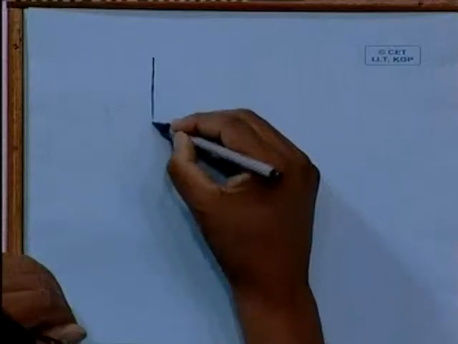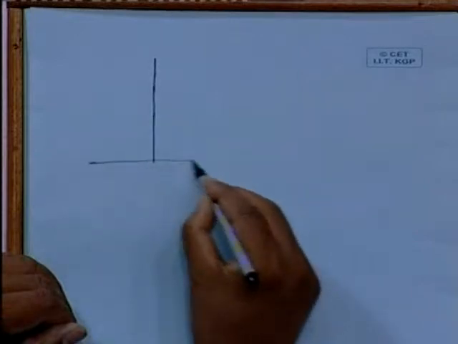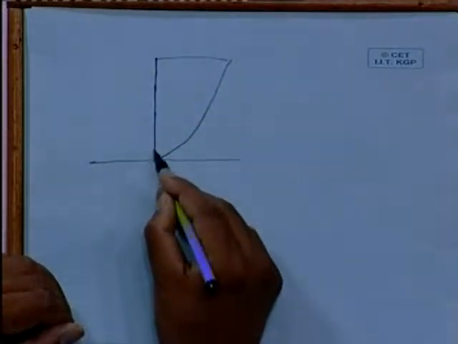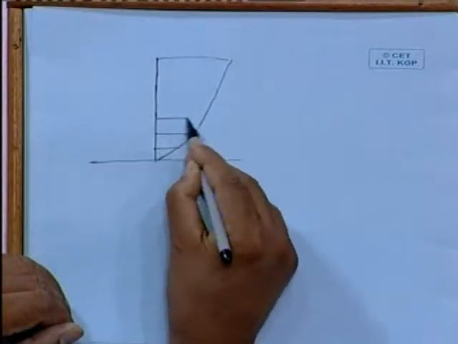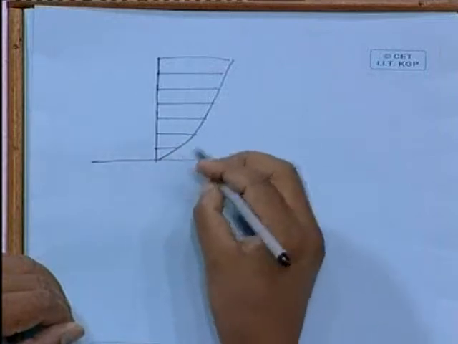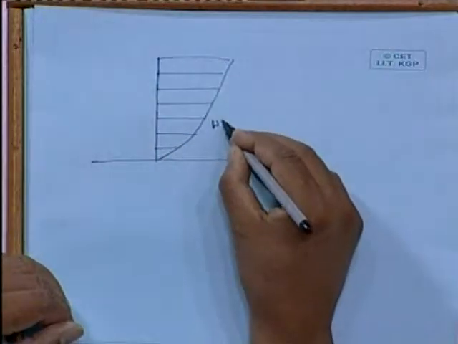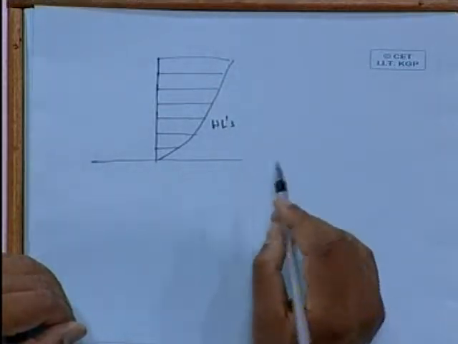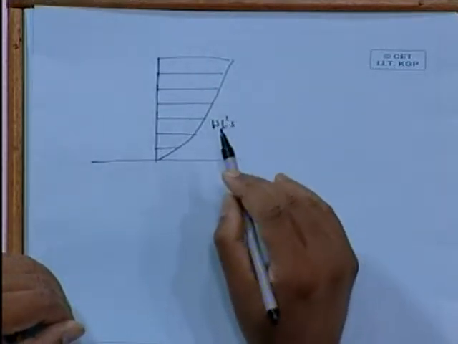So now what we need to do is that for each station, once more I will have to draw, for each station, for each water line number 1, 2, 3, 4, 5, etc., I will calculate, these are water lines, I must calculate the section area and the moment.